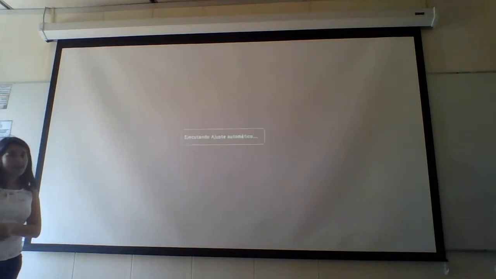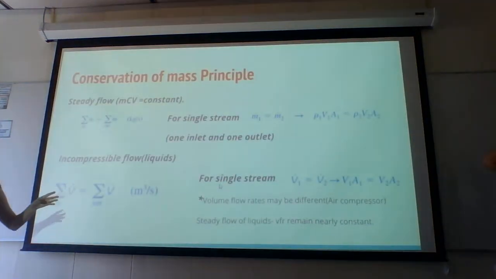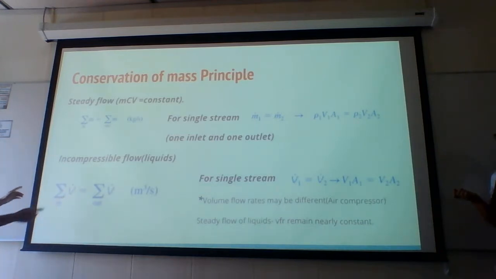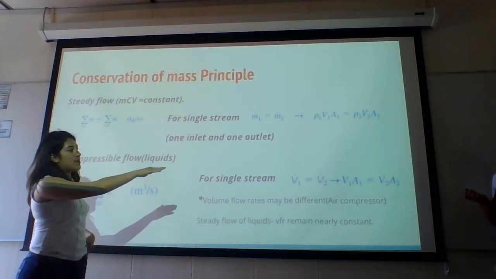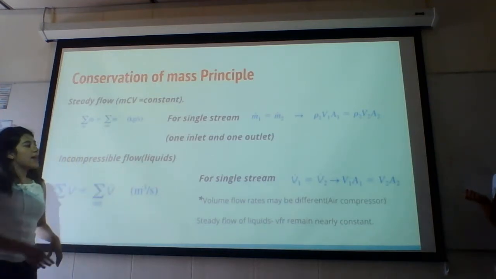For the case of liquids, which are incompressible flows, we are going to have the volume flow rate, and this is the same as the mass flow rate relationship. For single streams, the volume flow rate equals the velocity times the area.